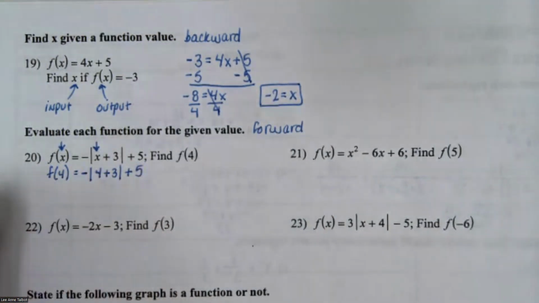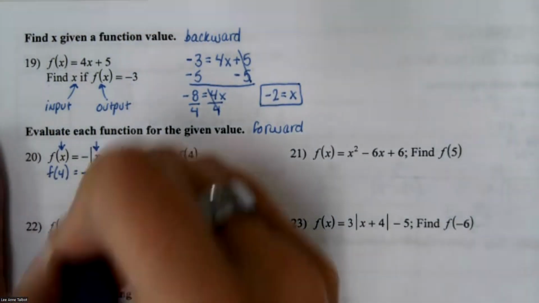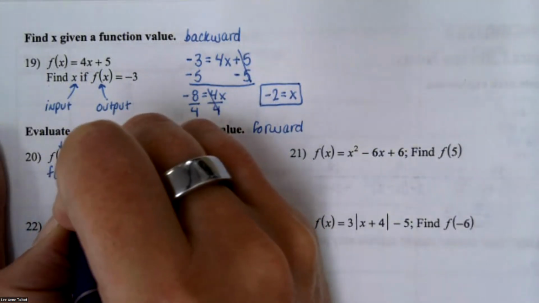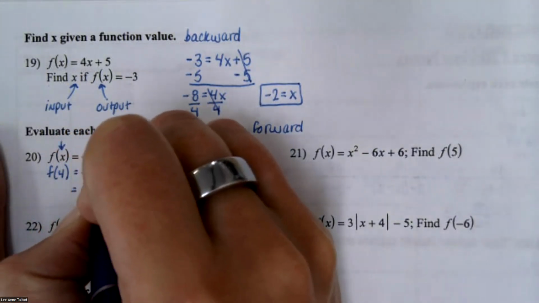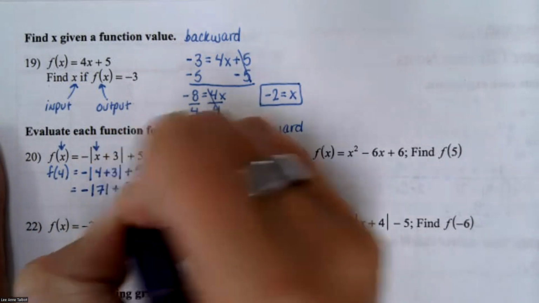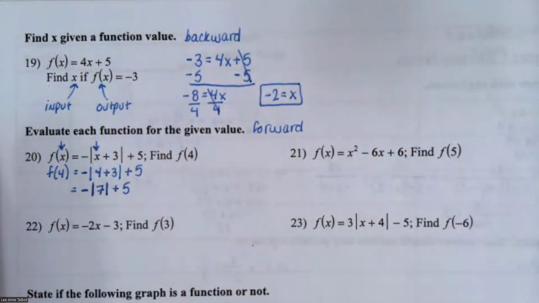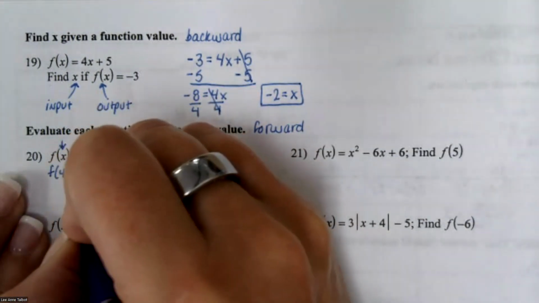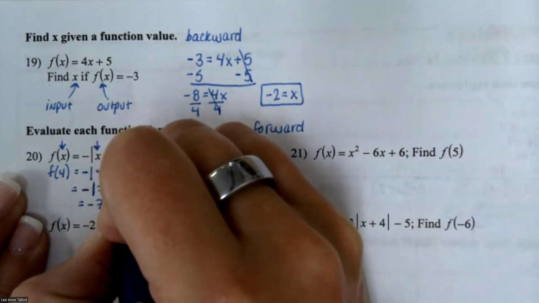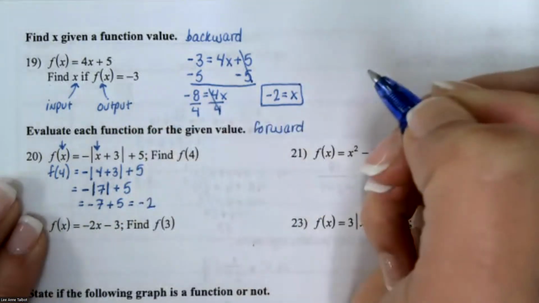You're just going to do the machine. So negative absolute value of 7 plus 5. What do we do if the negative is outside? Is it positive 7 or negative 7? Negative 7. Beautiful. Negative 7 plus 5 is negative 2.